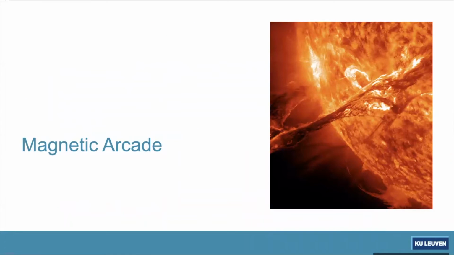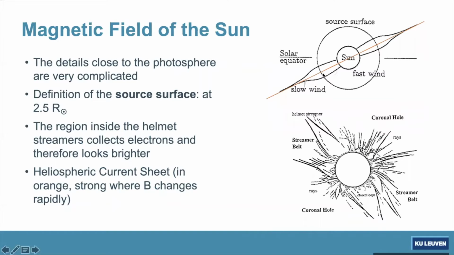So let's look now at the arcades that are the central driver of space weather. A little bit more realistic picture is that the equator is tilted, the Helmet streamers are not at the equator, but rather tilted. These are conditions that are typical during what is called quiet solar period.